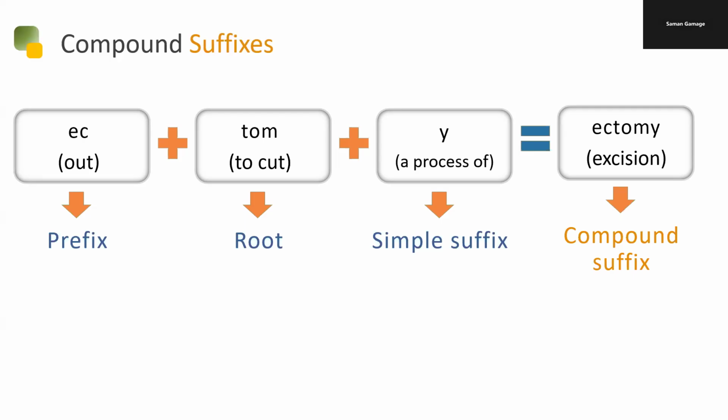When you are asked to separate basic term components, you will consider ectomy as a suffix, but you should know it is a compound suffix formed by a prefix, a root, and a simple suffix. Ek, tom, y, excision. Excision means cutting and removing. You cut it and remove it.